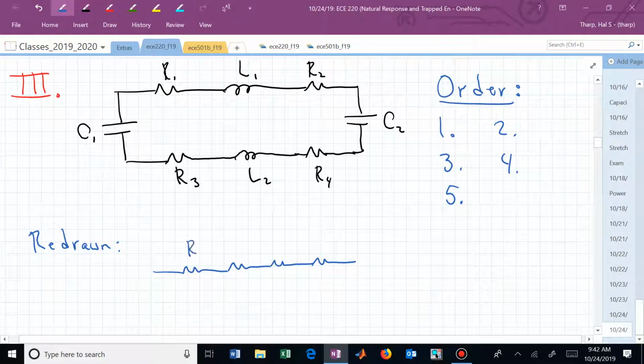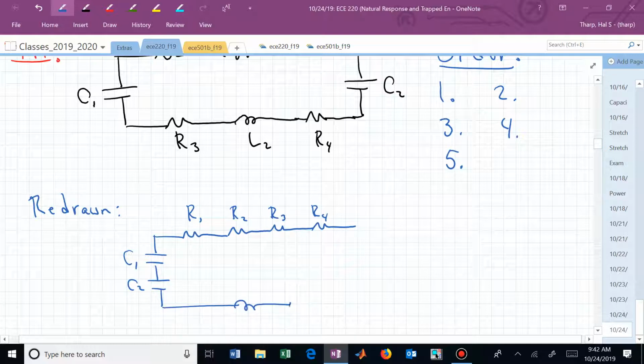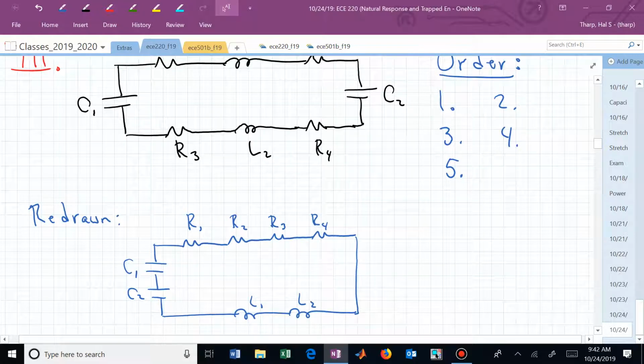That's now R1, R2, R3, and R4 in series. I can do the same with the capacitors, C1 and C2, and the inductors. Now do you want to change your answer?